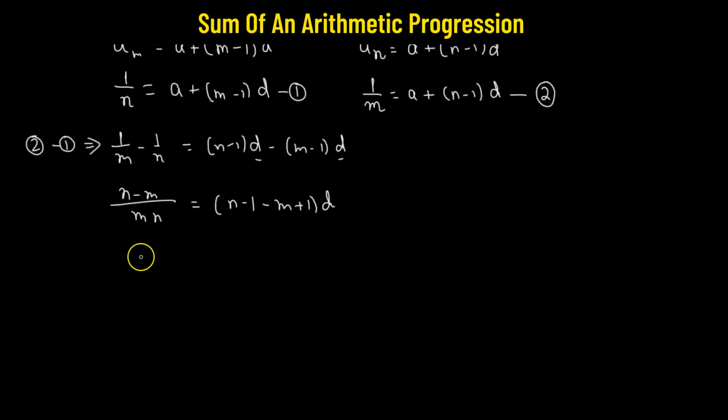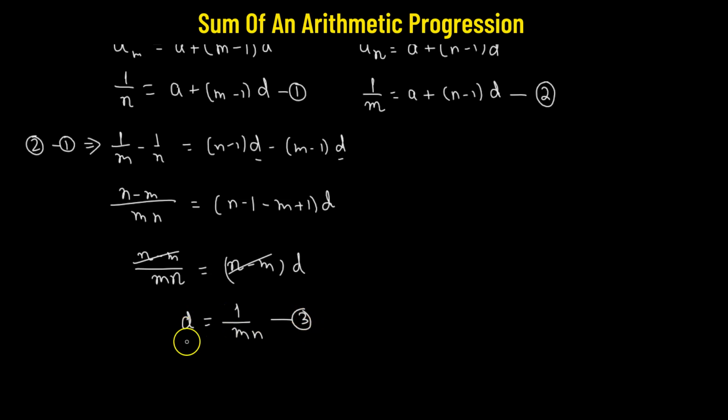This now gives us n minus m divided by m times n, which equals n minus m multiplied by d. So clearly n minus m will get factored out from both sides. This gives us the value of d, which is 1 over m times n. Let's label this as equation number 3.